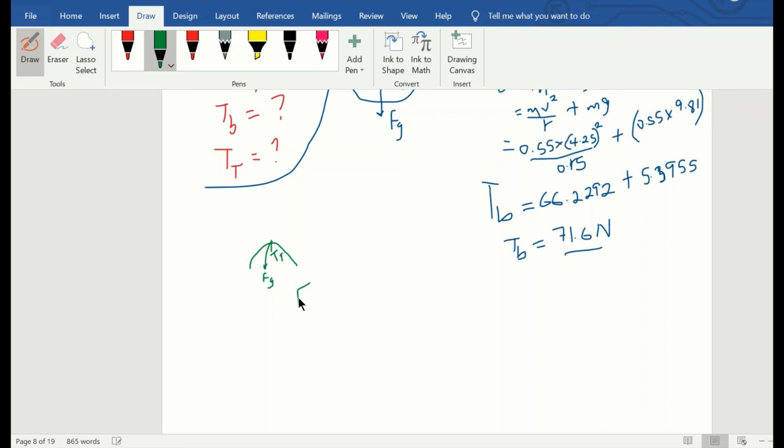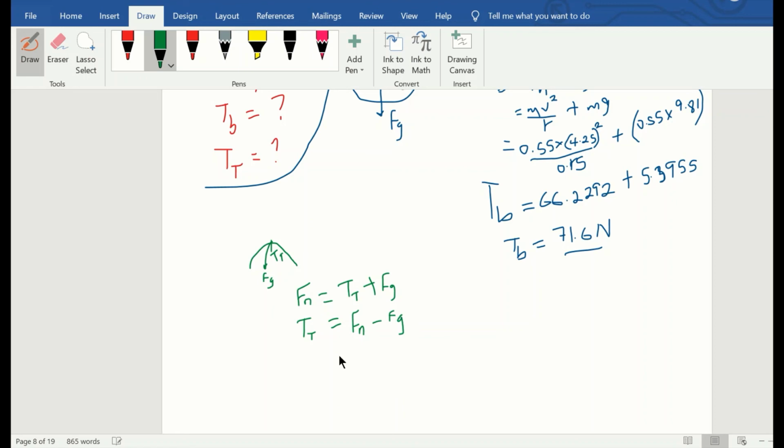So net force is equal to tension at the top plus the weight, because they are going in the same direction. I add, so I transpose, therefore my tension at the top is equal to the net force minus the weight.